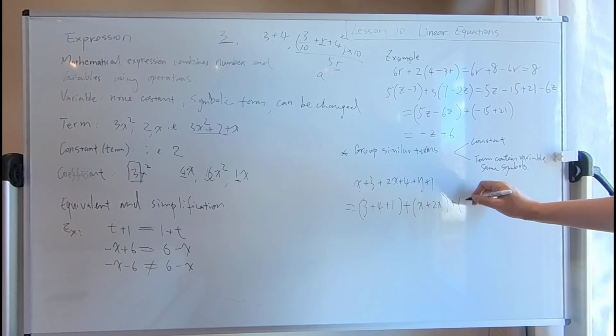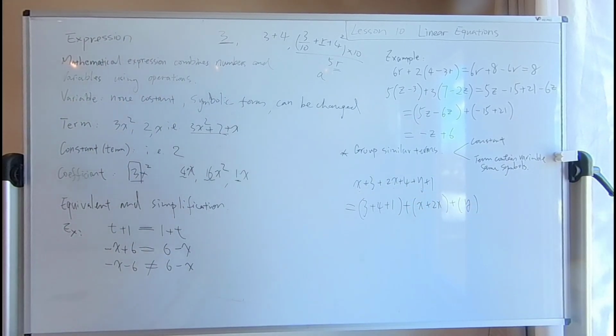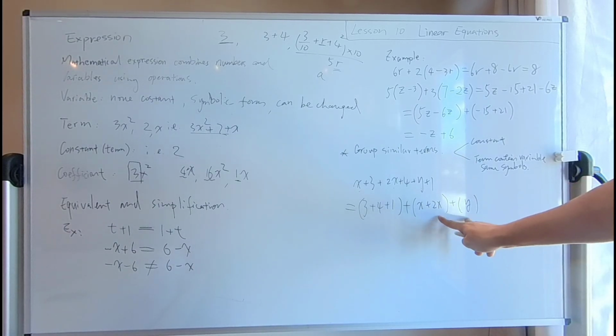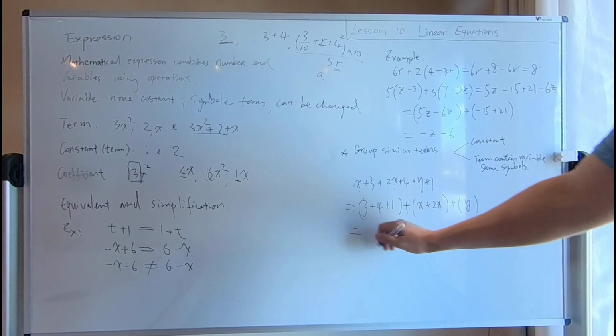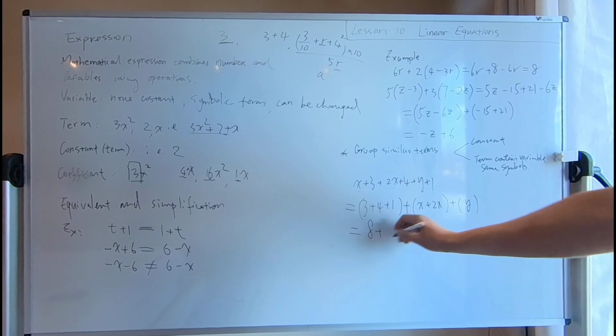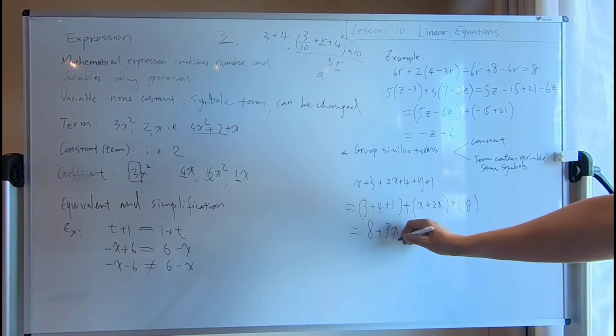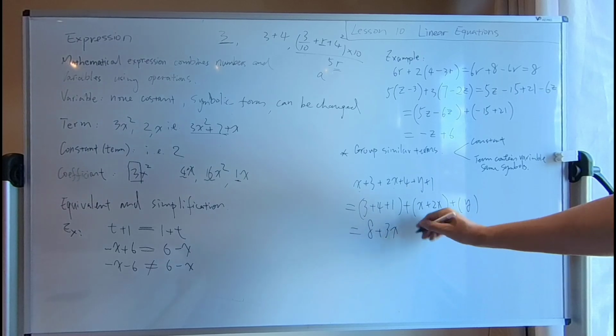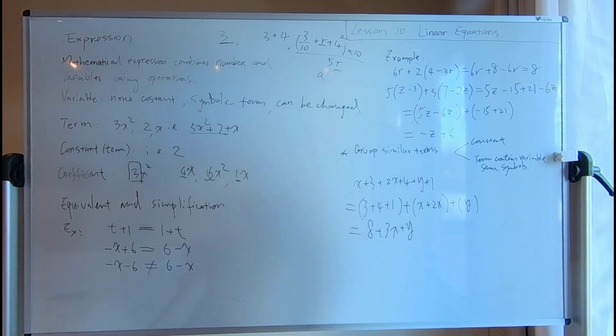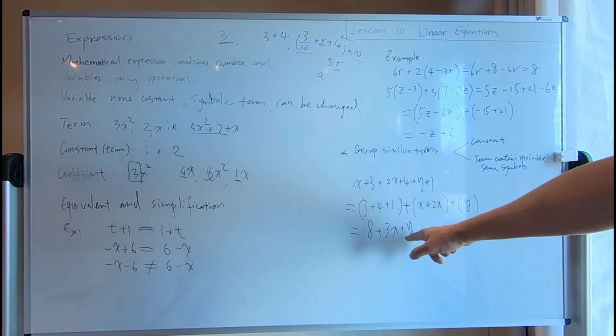So that's why I'm writing the non-constant terms further separated by different symbols, or combining the same symbol first. So then I have 8 plus 3x, because they are both x, so 1x plus 2x is 3x, plus y. So this is how I simplify this.